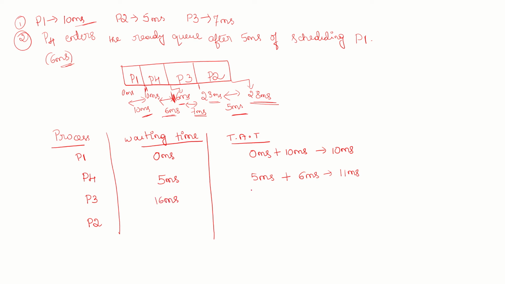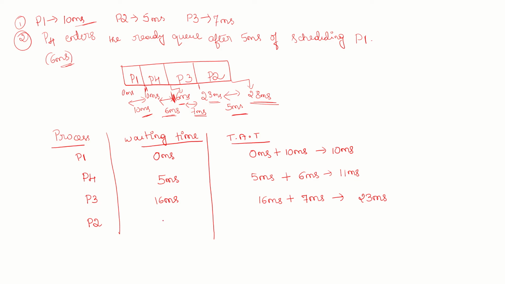Now what is the turnaround time? The time spent in the ready queue is 16 plus the execution time for P3, 7 milliseconds. So it is 16 plus 7, how much? 23 milliseconds.